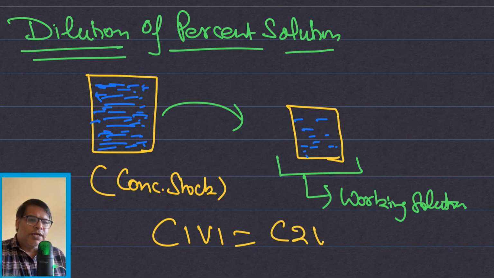Here C1 is the concentration of the stock solution, V1 is the amount you have taken from the stock, C2 is the concentration of the working solution, and V2 is the final volume of the working solution. So this is the relation you have to use: C1V1 = C2V2.